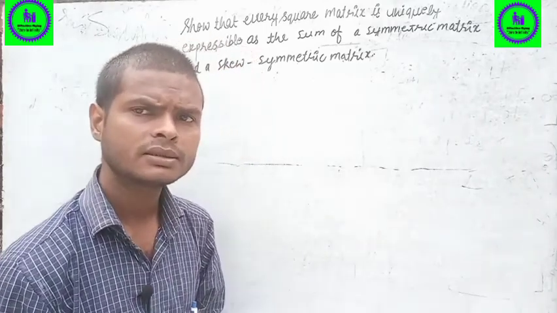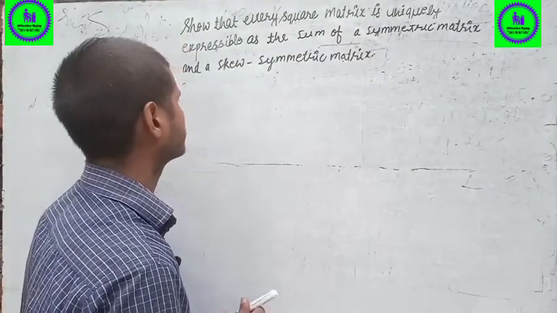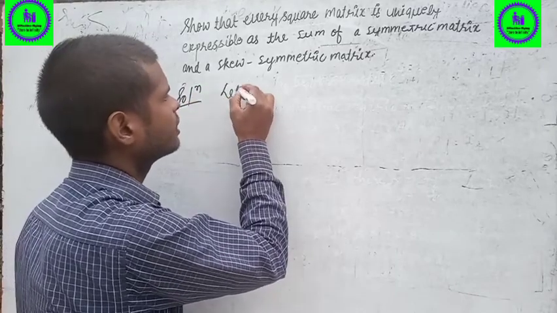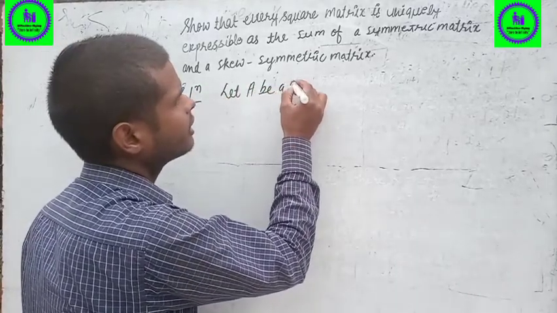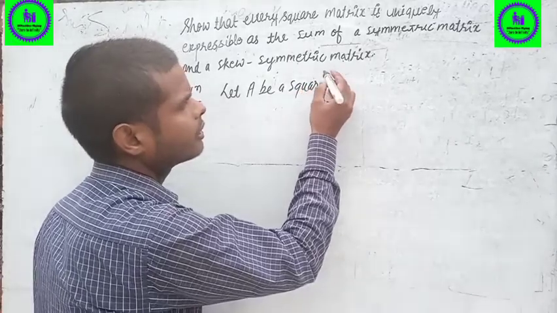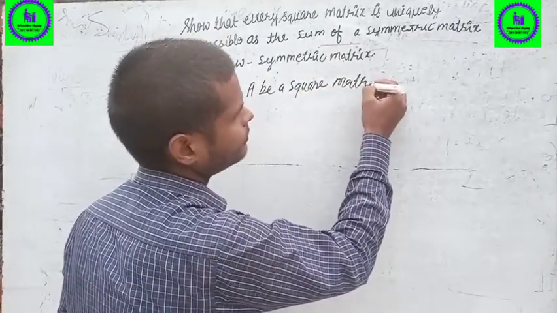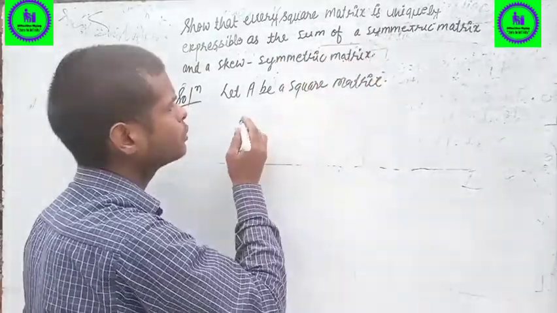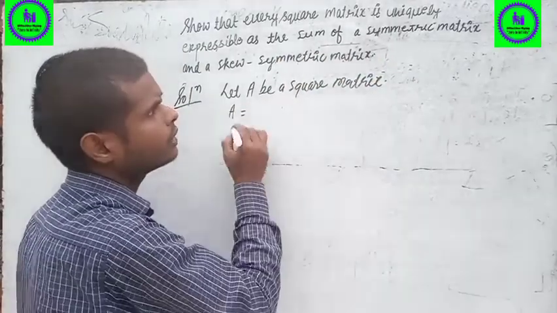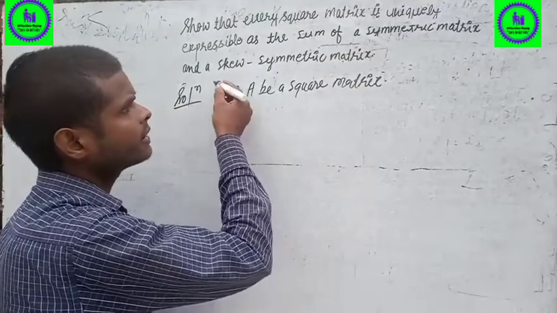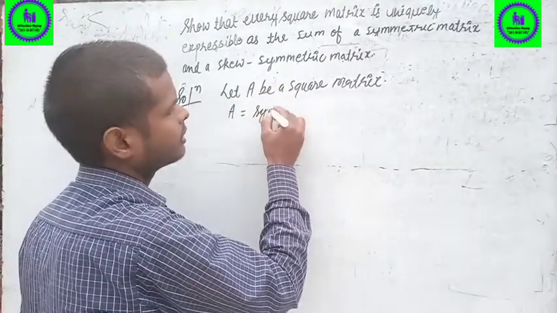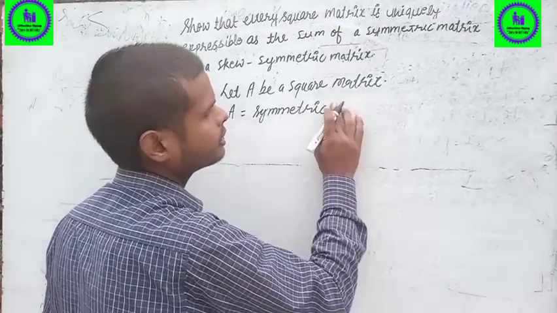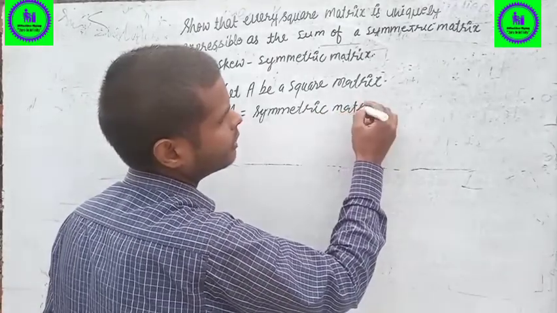Now let us consider a square matrix. For the solution, let A be a square matrix. According to the question, A is equal to the sum of a symmetric matrix and a skew symmetric matrix.